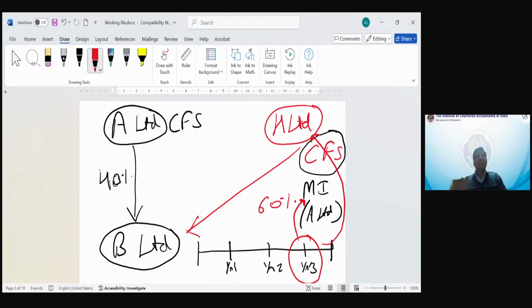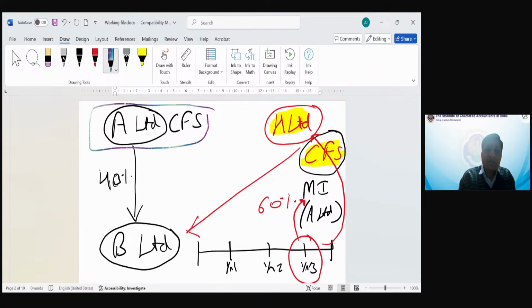So is this accounting requirement going to change? No. But where is this accounting required to be done? That will be in the CFS of H Limited. Currently, we are looking at the CFS of A Limited.